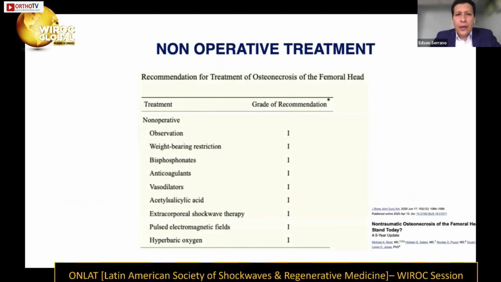All of these non-operative treatments have grade of recommendation I, because they don't have enough scientific evidence in the literature. But going forward, we can see a little more about this.